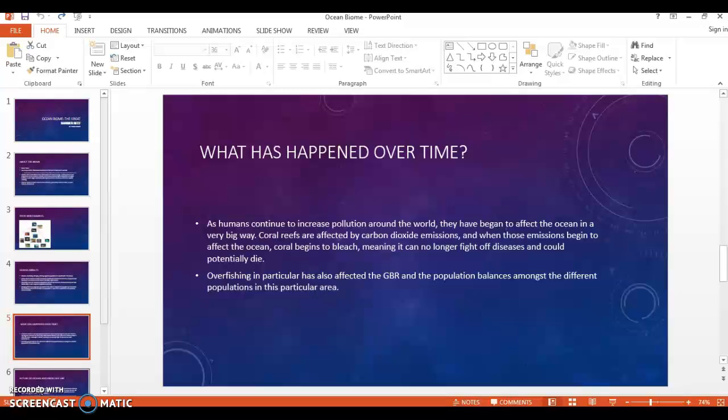And if we continue to increase and add to the carbon dioxide emissions, we could potentially end up losing the Great Barrier Reef and losing all of the different coral reefs that are there off the coast of Australia. Also, overfishing in particular has affected the Great Barrier Reef, and it's affecting population balances amongst the different unique and possibly endangered populations that are in the area.